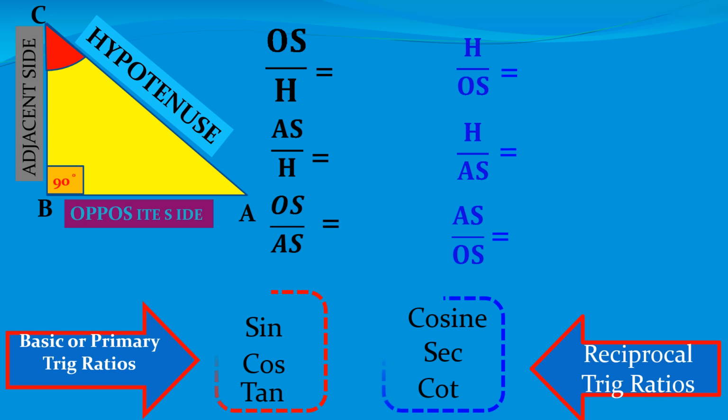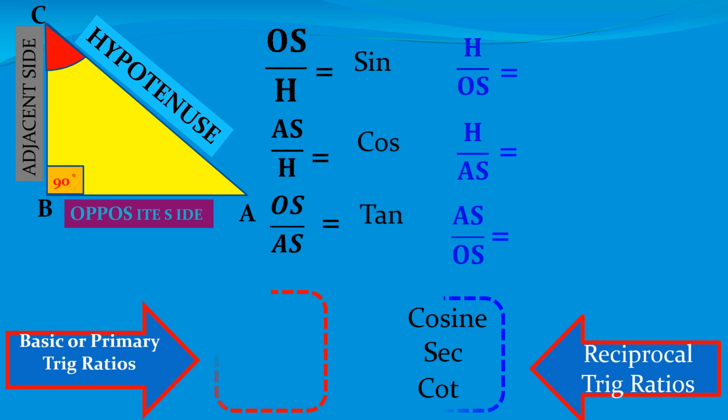Now we are mapping these 6 names to these 6 ratios. Number 1, sine is opposite side by hypotenuse. Cos is the ratio of adjacent side and hypotenuse. Tan is opposite side by adjacent side.